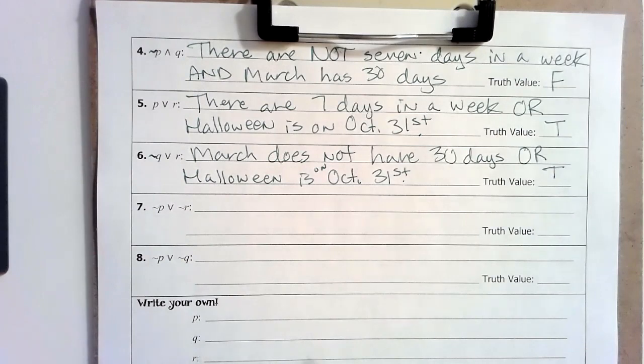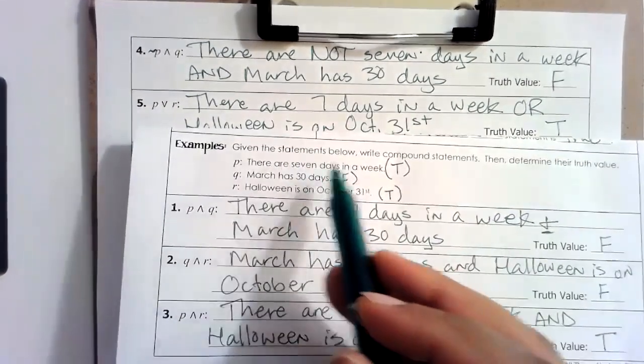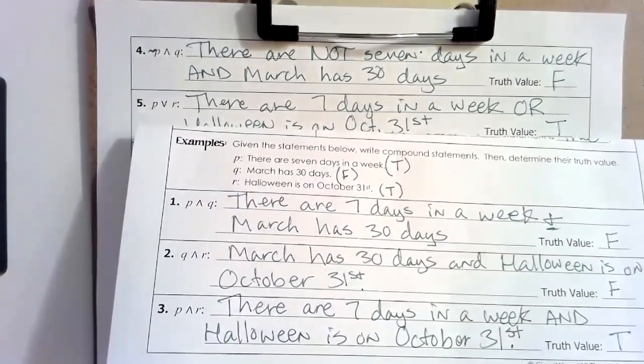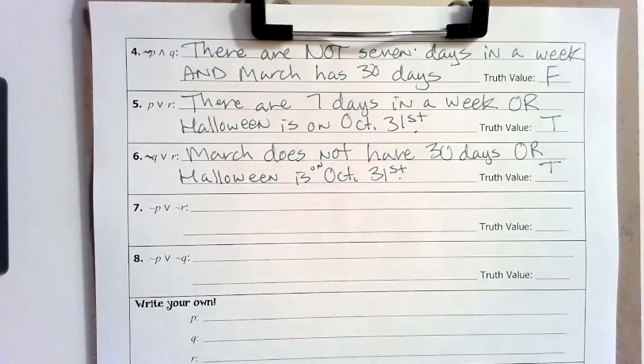So we have a double negation here, all right? Of our P and our R. So looking at our original statements, we're going to have to insert the opposite of each of those statements in order to write it as a compound statement. So let's go ahead and do that now.